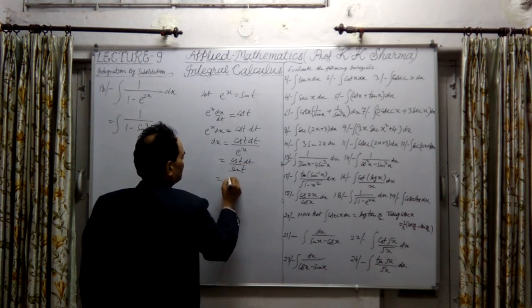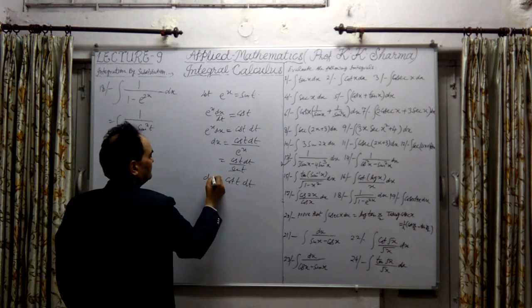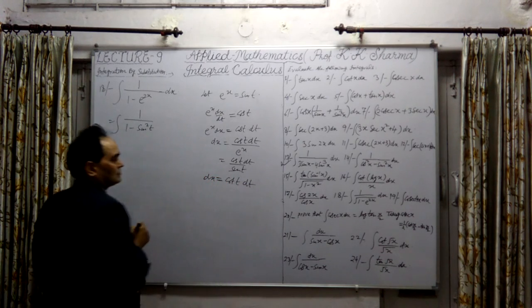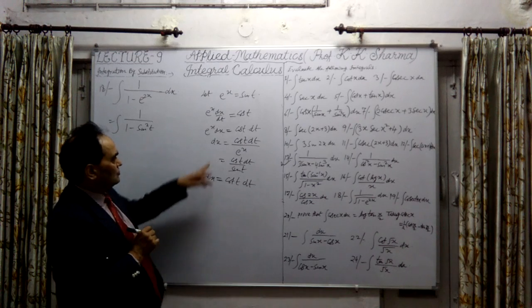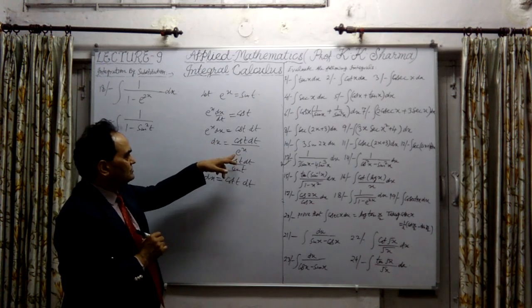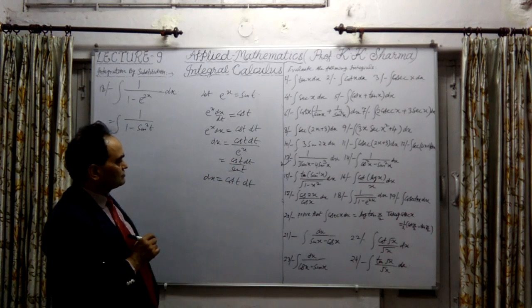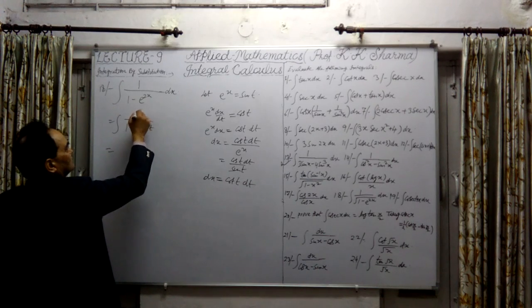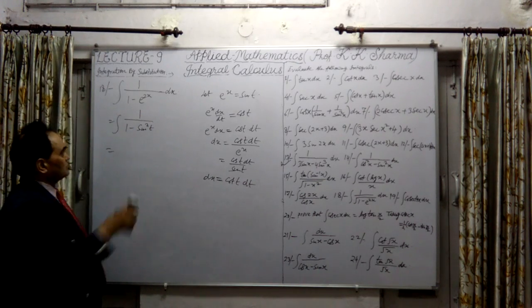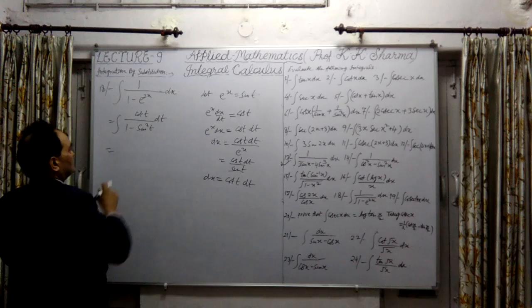Now it is converted into cot t into dt. This is the dx value.